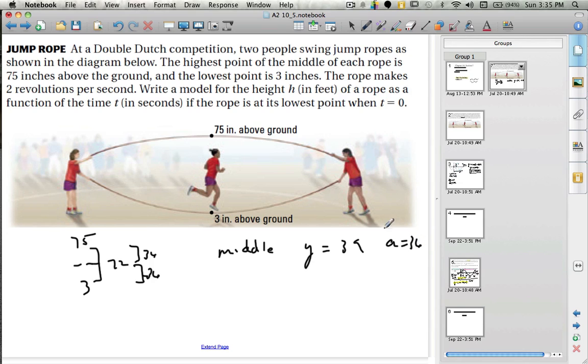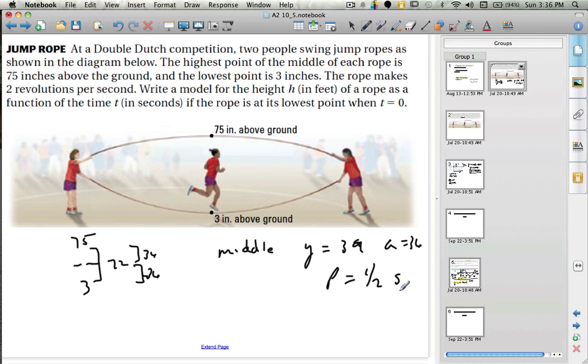Okay, that's pretty good. I know that it makes 2 revolutions per second. So I'm worried about when I return around to the beginning. I know that my period, not my b value, but my period, is equal to 1/2 second, because it's where I go back around to my original starting point.